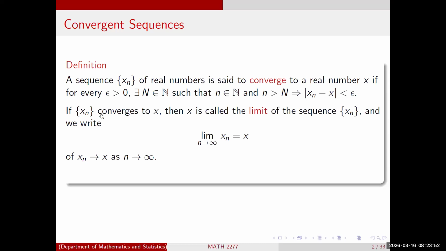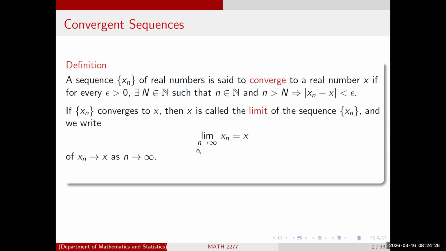So if the sequence xn converges to this value x, then x is called the limit of the sequence. Just like our notation for limits, where we write the limit of f of x as x approaches a, we have a similar style of writing this: the limit of xn. But when we talk about the limit of a sequence, it's only as n goes to infinity.